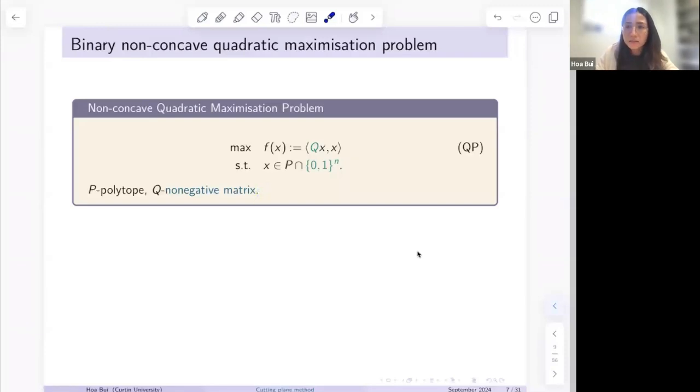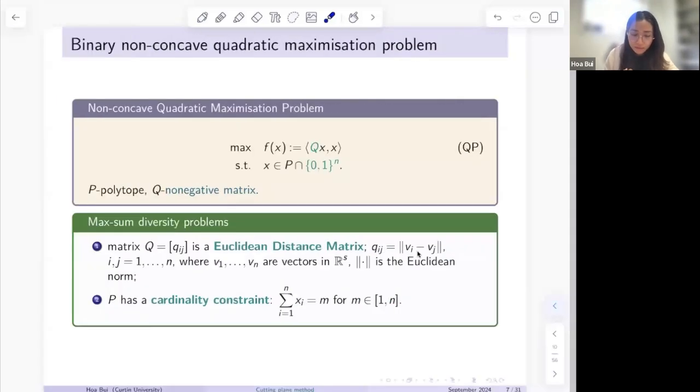Because the matrix is non-negative, which means that the entries are positive, or at least non-negative, the matrix Q will have a positive eigenvalue. Which means that Q is not negative semi-definite. So the function we are maximizing is not a concave function. So the problem we are solving is mostly a non-concave problem, meaning that most of the techniques for solving convex problems fail.